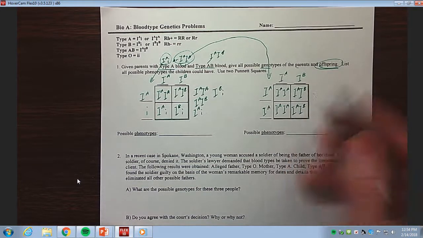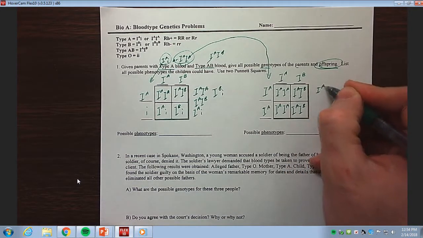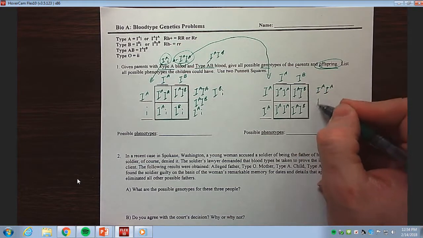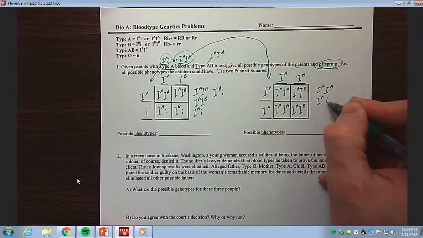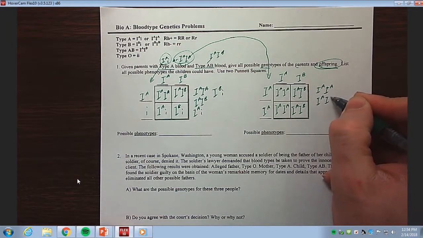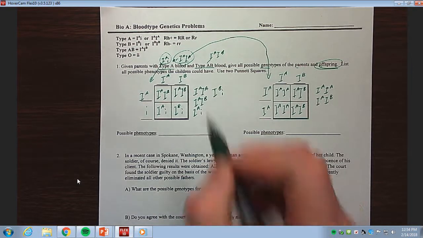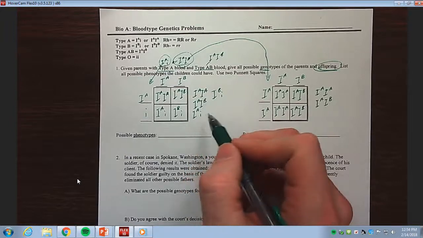These two match up, so that's one, and these two match up, so that's two. So only two options over here. Fortunately, these boil down a little bit for our phenotypes. So let's decipher all the possible phenotypes from this list here.